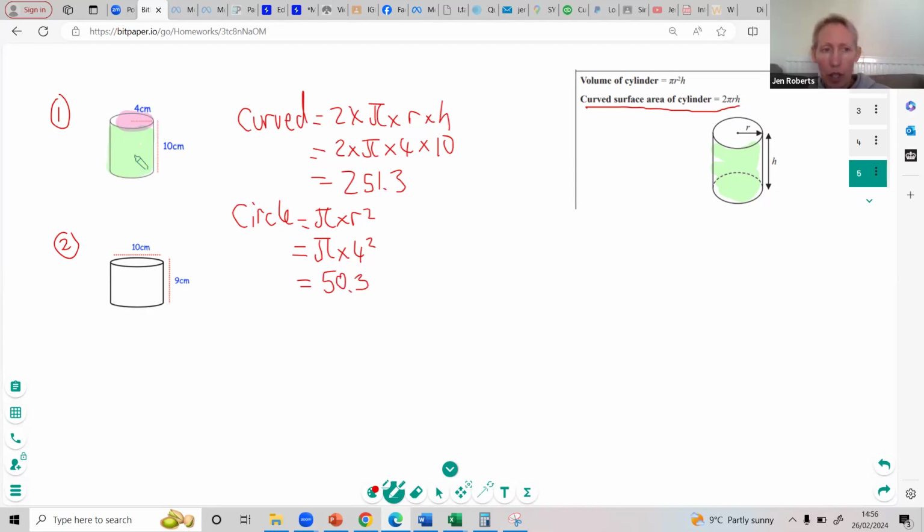Now, there's a circle at the top, there's a circle at the bottom, so we're going to times that by 2. I'm going to write it as my circle, add my circle, add my curved surface area. So that's the top one, the bottom one, and around the middle. That's going to give you the total surface area, which is 351.9.